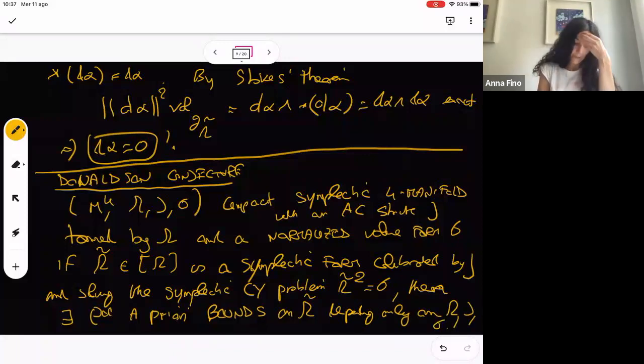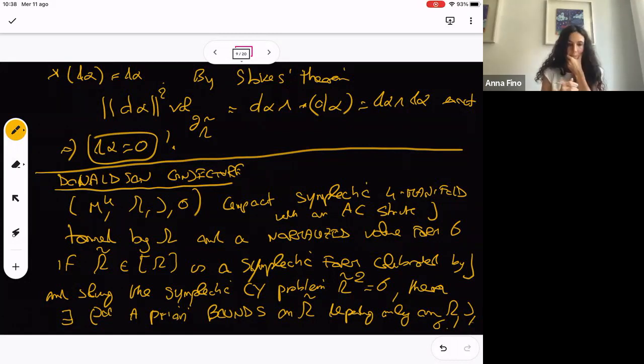What does it mean? It means that if you take any k equal to 0, 1, 2, and so on, then there is a constant A k, depending smoothly on the data omega, J, and sigma, such that you have control of the norm of omega tilde with respect to the original metric: the norm of omega tilde is less than or equal to A k. That means these a priori bounds depend only on that.